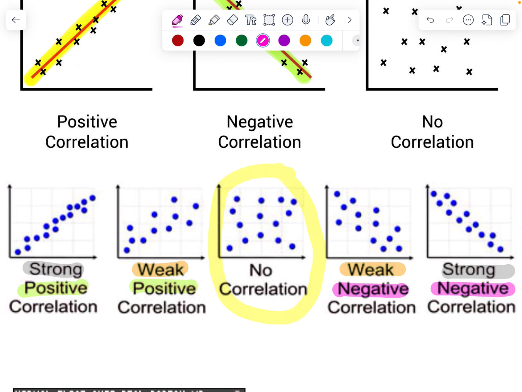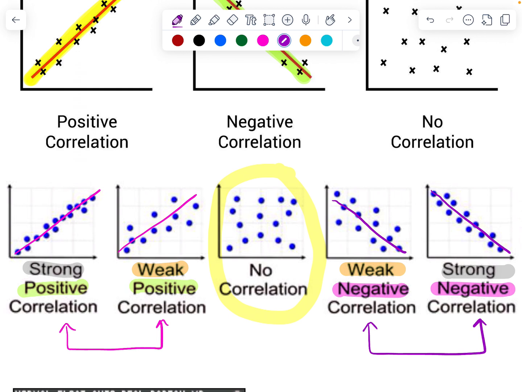But as you can see in our first two correlation examples here, they are following in that positive direction. I could draw a line in between them, and that would be showing a positive slope. Whereas on the right side, I've got two graphs that are showing a negative correlation. This one's a little bit weaker because the points are more spread apart, and this one is strong because the points are more closely aligned to that line of best fit.